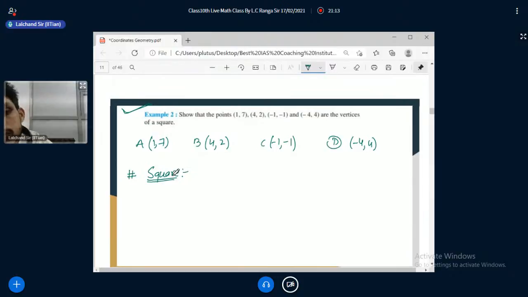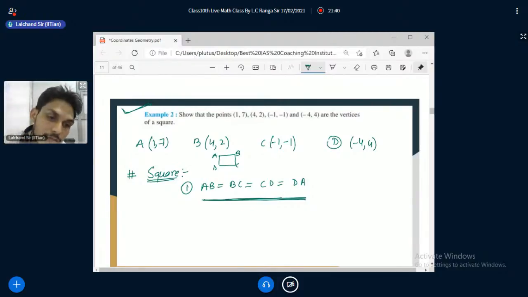To prove this is a square, the first condition is that the sides should be of equal length. That means AB should be equal to BC, equal to CD, equal to DA, because the diagram will be like this: A, B, C, D. Can you tell me if this condition is sufficient or not?